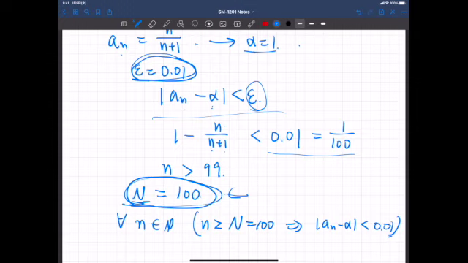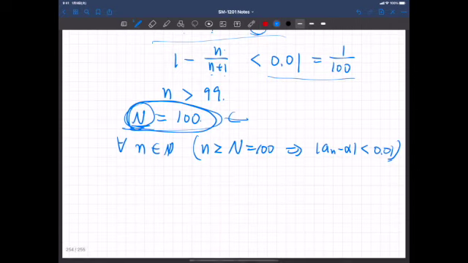It should be, I think, larger. So in general, there is no one value of N that fits all values of epsilon. That's important. For this reason, some people write this N as a function of epsilon, because it does depend on the value of epsilon.